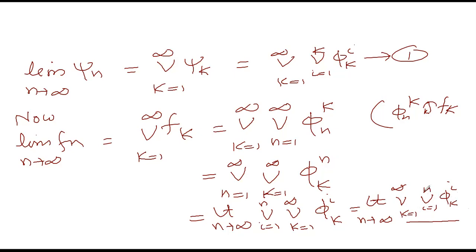So I will write here k approaching to infinity. Okay, if I want to change this, here it's phi ki, i runs from 1 to k. It should be 1 to k, okay.